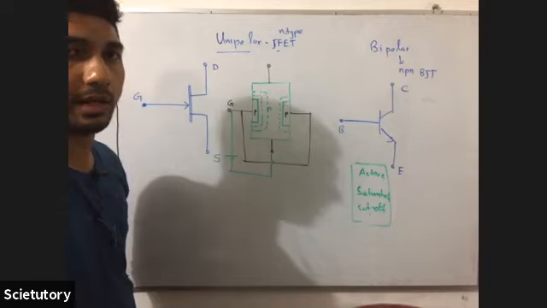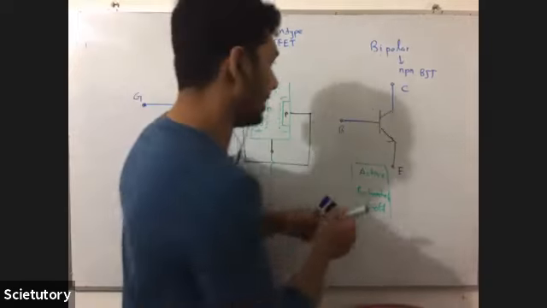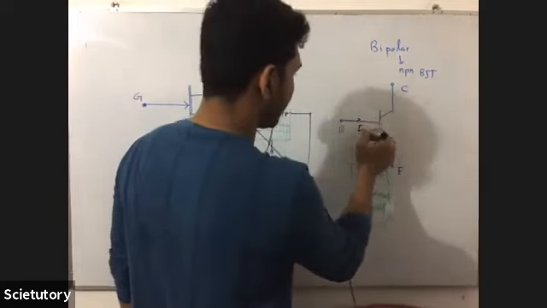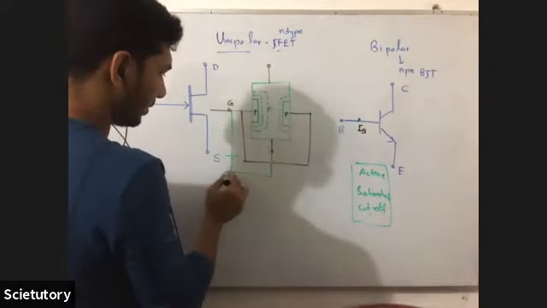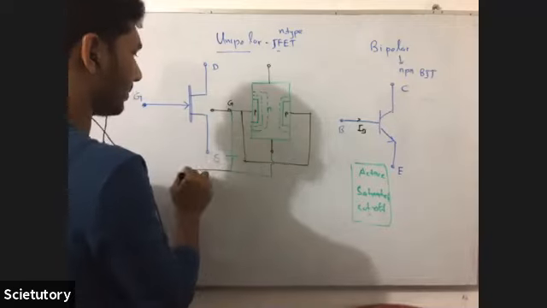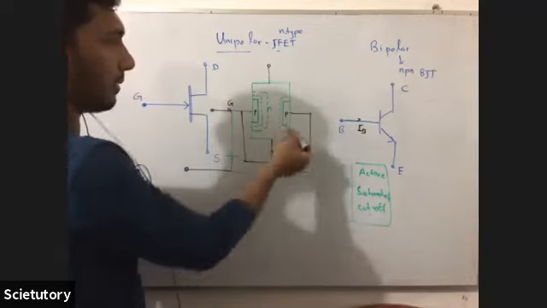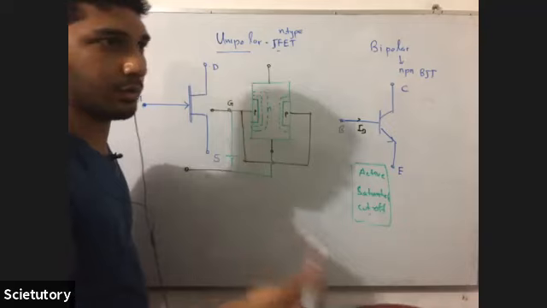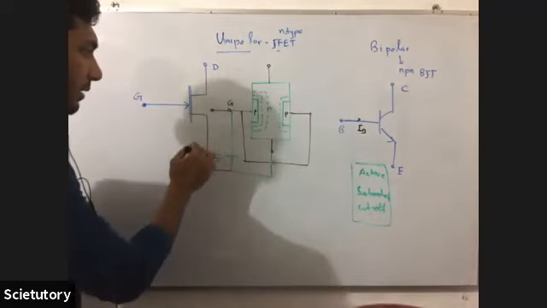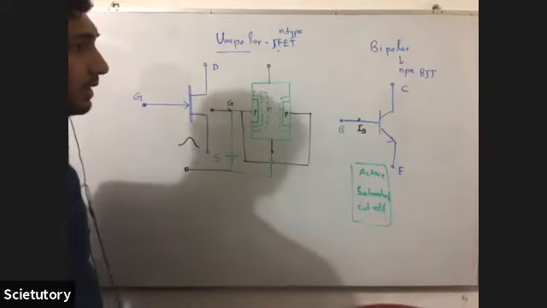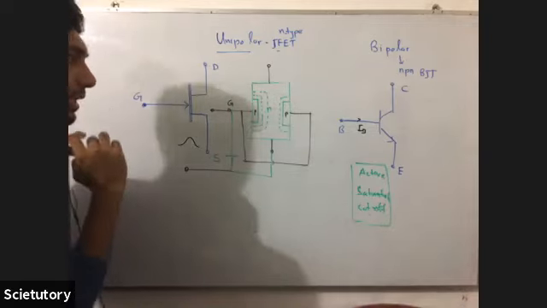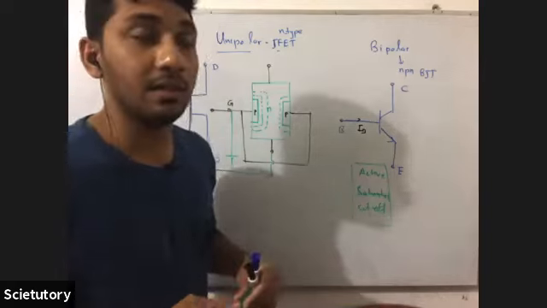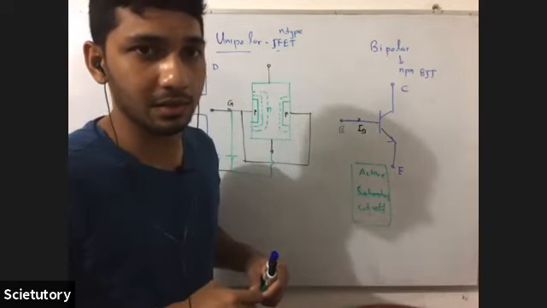Controlled by what? Current. It is controlled by IB current. But this is controlled by VGS voltage. So if you give an input after biasing it correctly, when you are using it as an amplifier, a signal, it will change the reverse biasing potential difference.